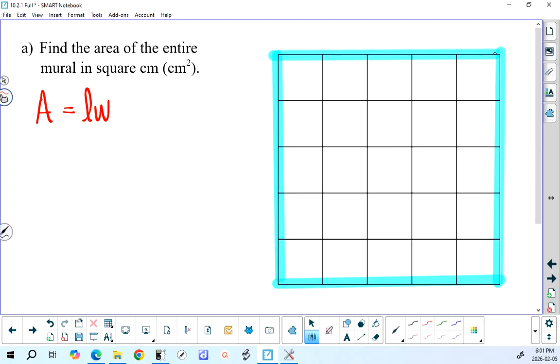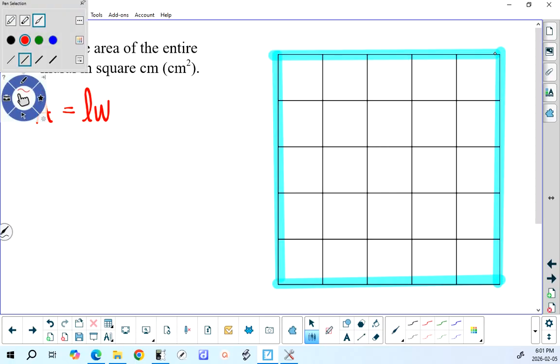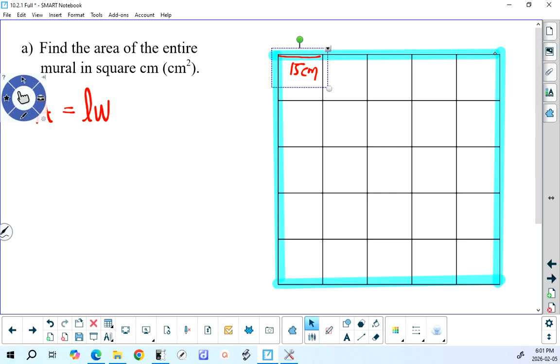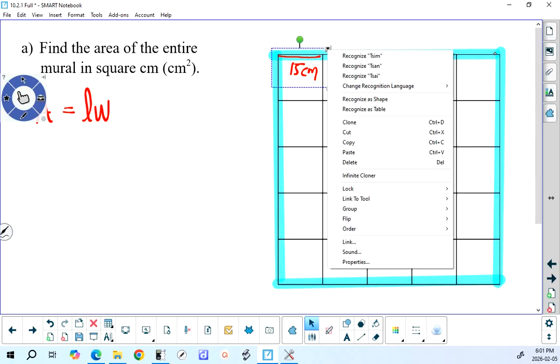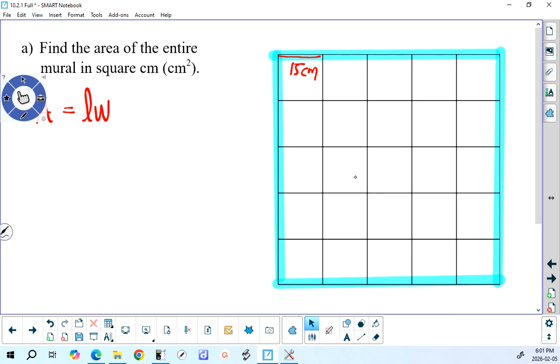So I need to know the length of this square and I need to know the width. Well, I know that this little piece of it is 15 centimeters. And I also know that there are 5 of these bits going all the way across. So this is also 15 centimeters. So is this. So is this.